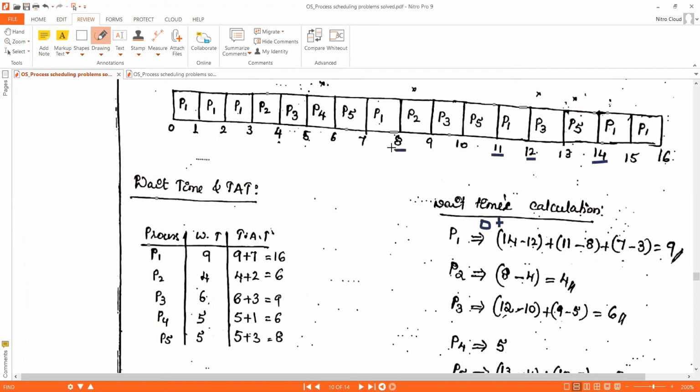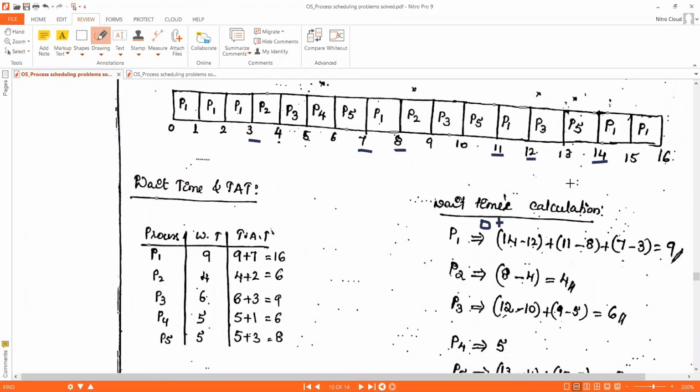Okay, 11 minus 8 plus 7 minus 3. This is the total waiting time for process 1. 0 plus 14 minus 12 plus 11 minus 8 plus 7 minus 3. That is 9 milliseconds, the waiting time for process 1.